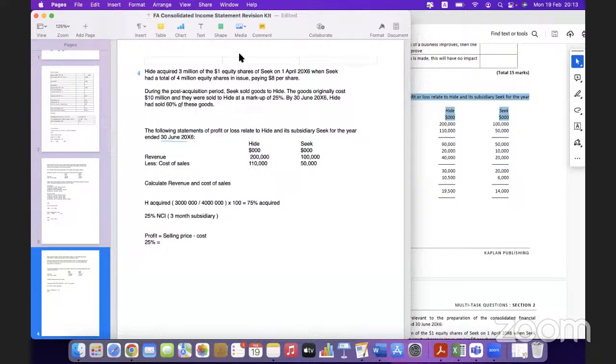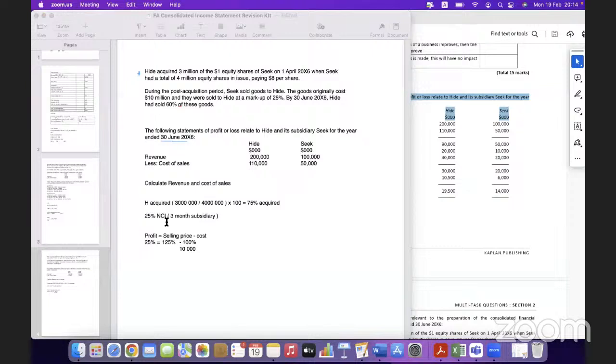Remember, markup means who is always 100%? Cost. Cost is always 100%. That means selling price then should be how much percent? Selling price should be 125%, the missing figure. Now see, the goods cost 10 million. So 10 million is the cost.